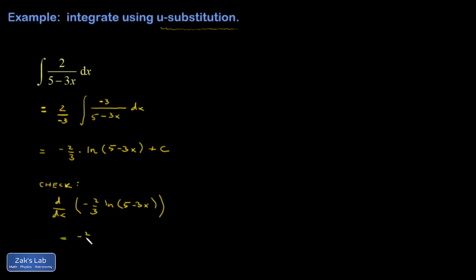And I get -2/3. Differentiate the natural log with respect to its argument, and you just get 1 over its argument. And then the chain rule says you better multiply by the derivative of that argument. And I end up with what I started with, 2 over 5 minus 3x. So it works.